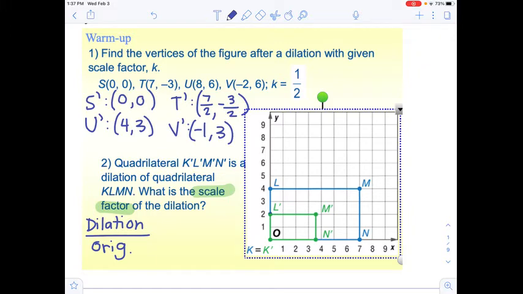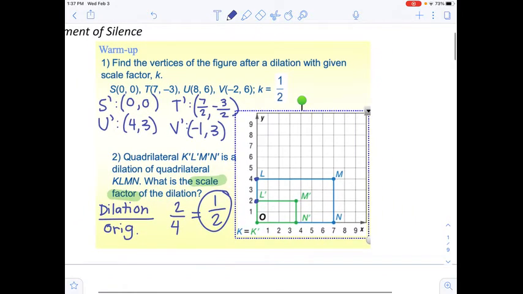So let's go with L prime. I'm going to go with the y value here. So I'm going to go with 2 over, then I look at my original, which is L, and pick that y value, which is 4. 2 over 4 simplifies to 1/2. So the scale factor is 1/2.